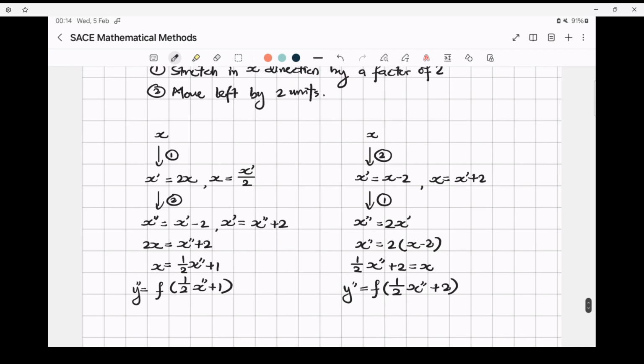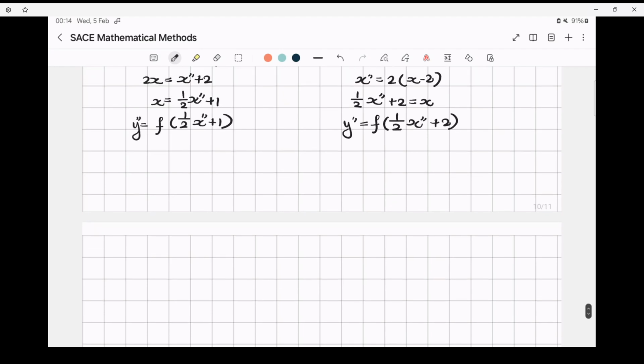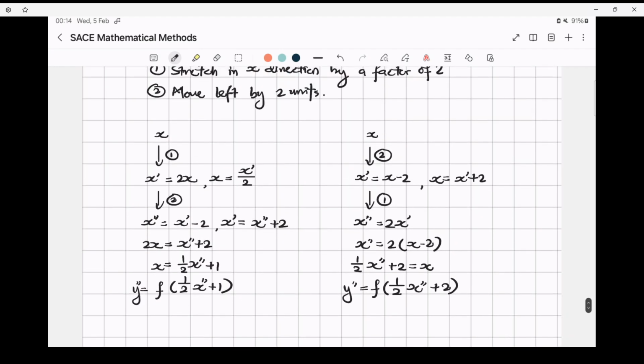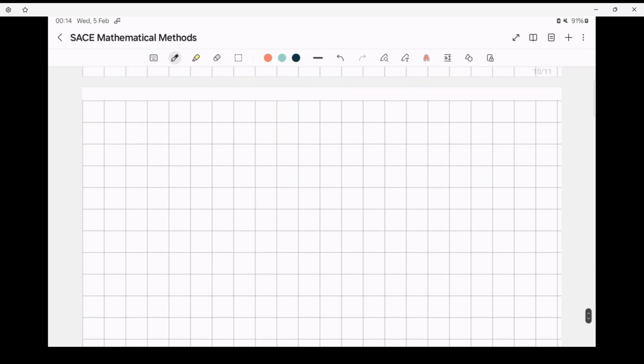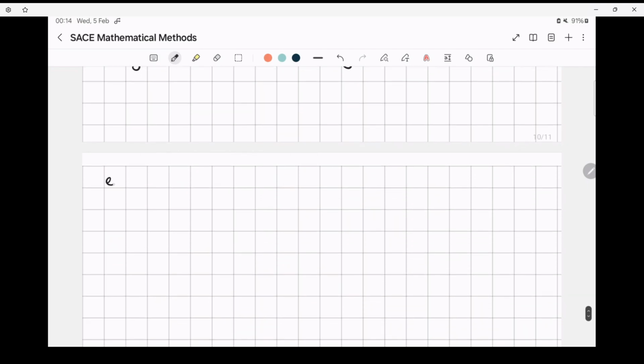So the reason why I go through all this is because you need to know exactly how these two transformations work in terms of the x and in terms of your y. So let's say you have originally y equals sine.